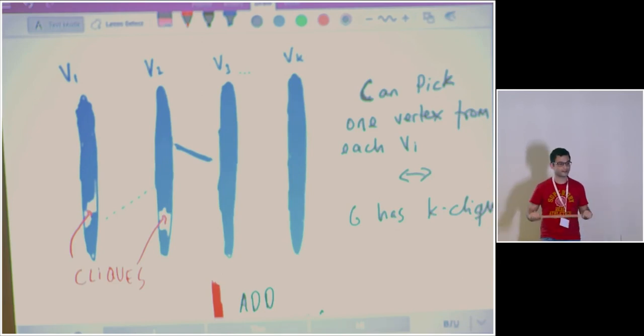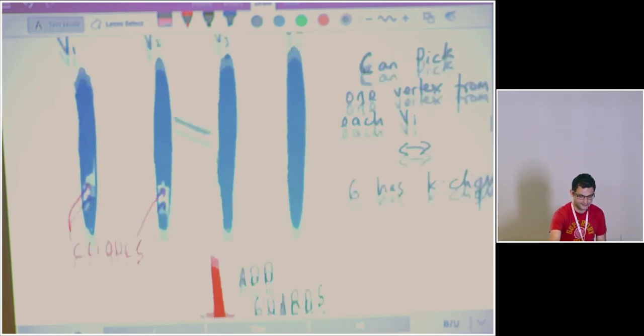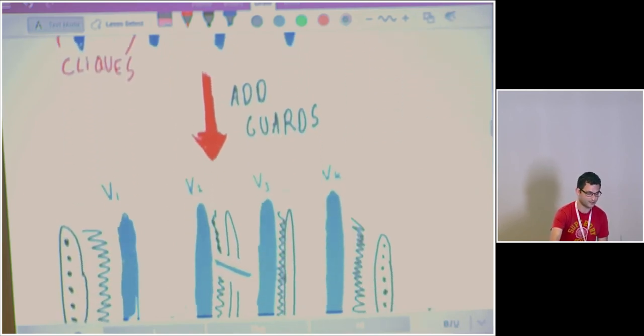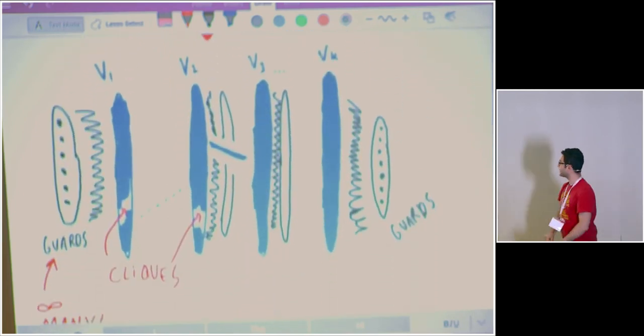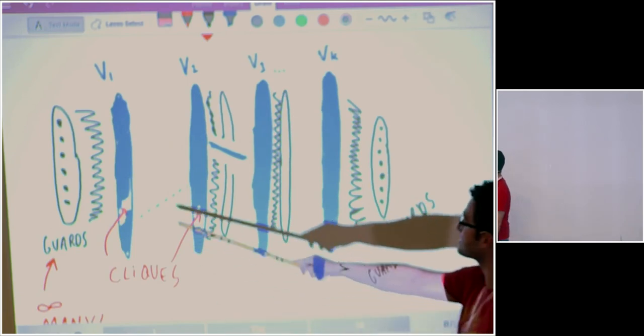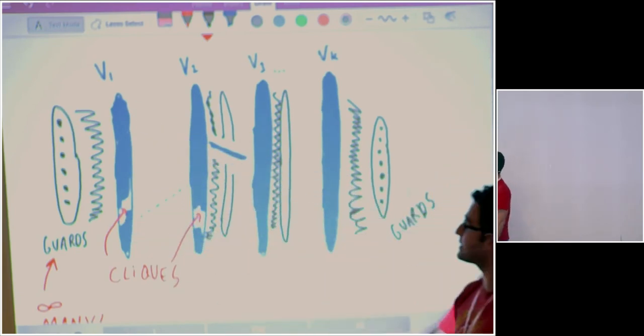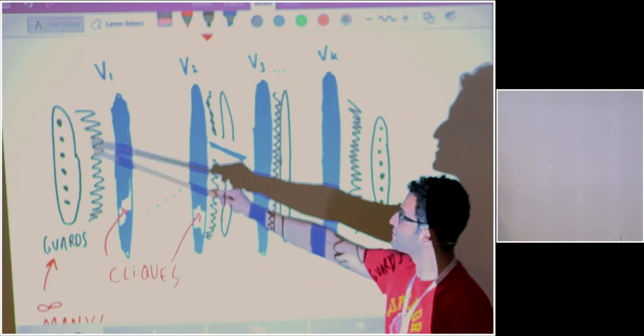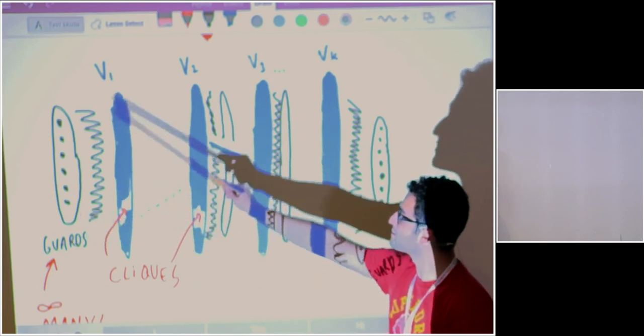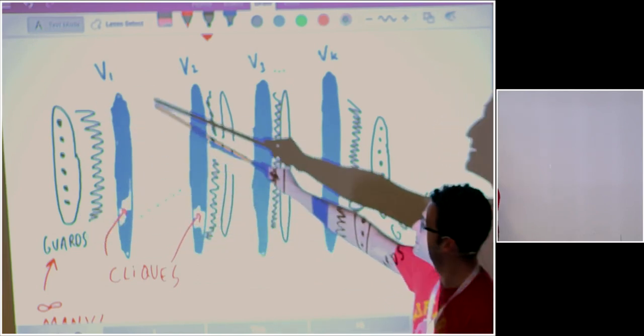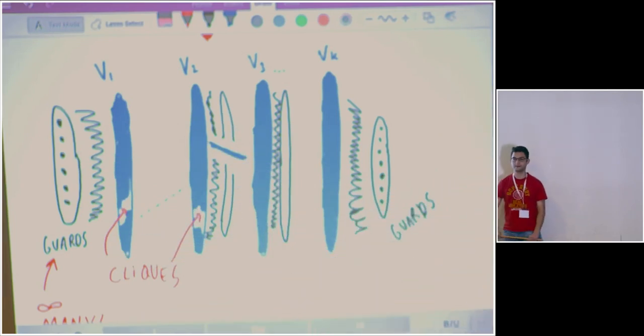Okay, so now all we need to do is to incentivize an independent dominating set to pick one vertex from each of the color classes, and we can really incentivize it by adding something that I call guards. So what are guards? For the color class, say v1, I'm going to make an infinite number of vertices that are independent among themselves and see v1 and nothing else. Okay?